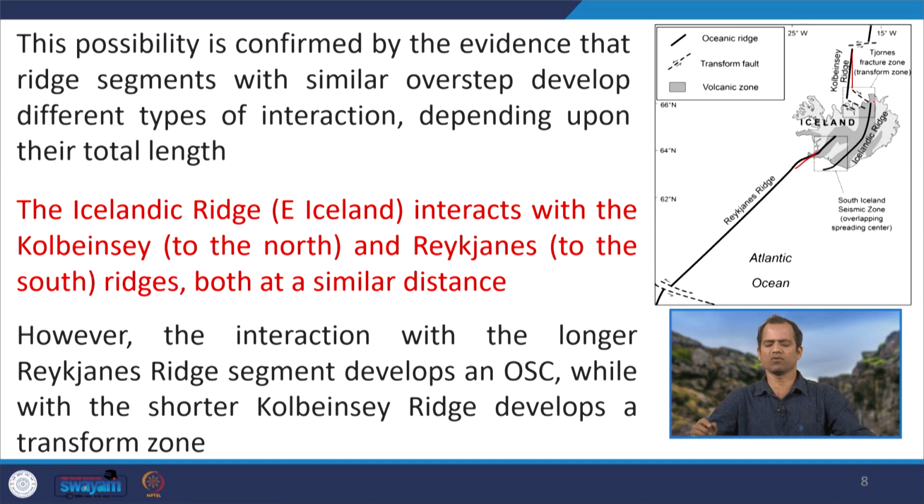However, one way it is creating a transform fault and another way an overlapping spreading center. So, the interaction with the longer Roorkee ridge segment develops the OCS, while the shorter Kolbensee ridge develops a transform zone. So, that is why it is said the length also defines whether there will be an OCS or a transform fault developed.